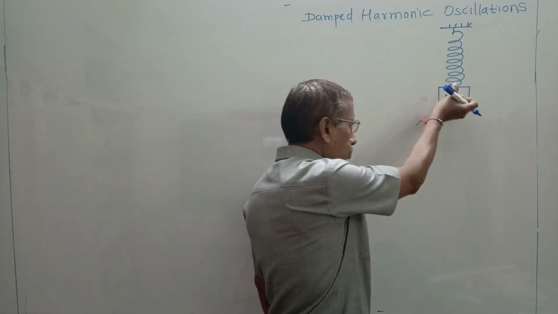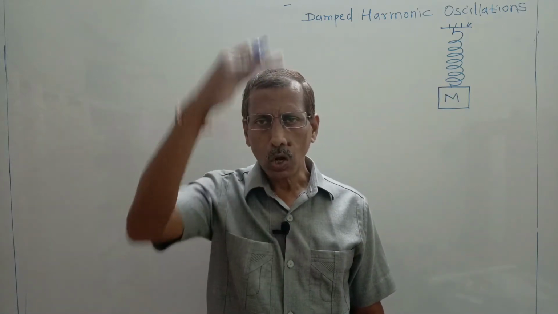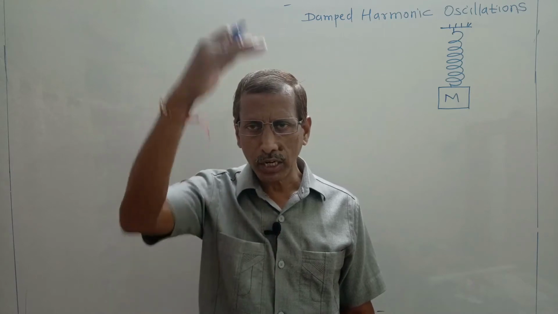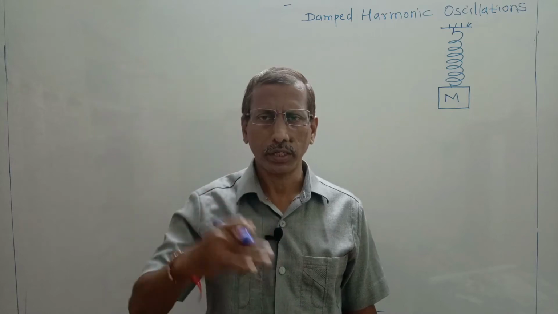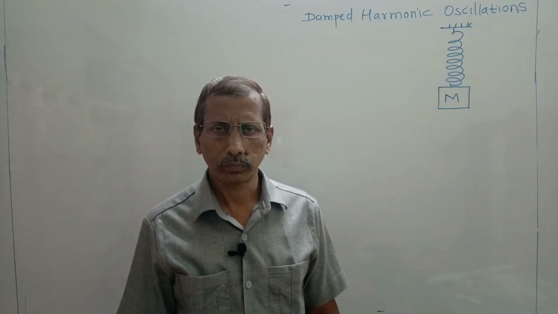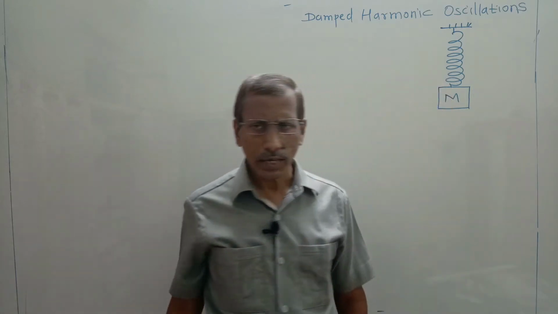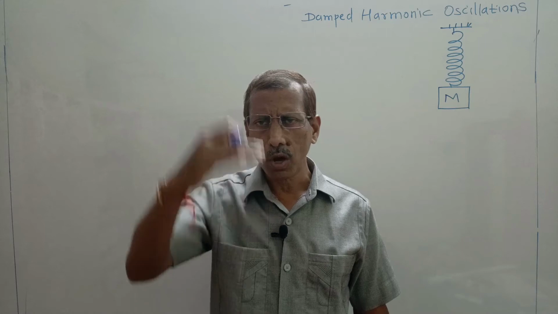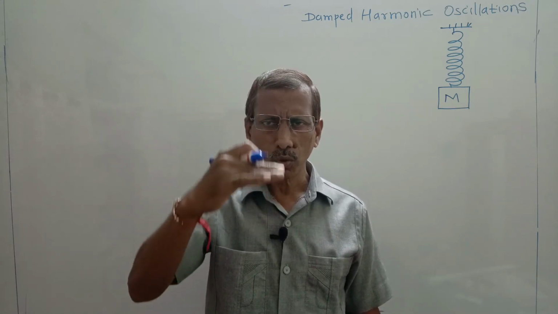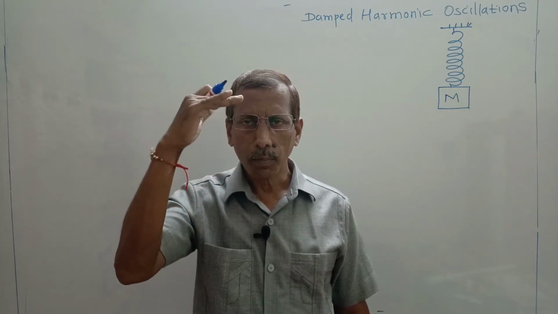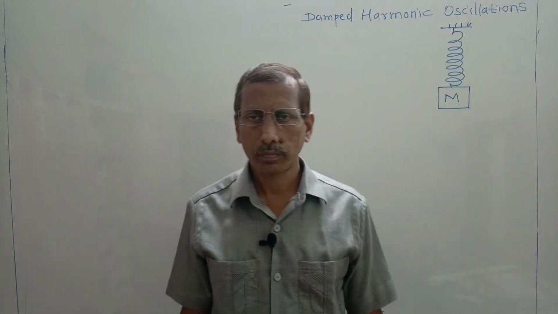When this block is pulled downward and released, it performs oscillatory motion along a straight line in the vertical direction, upward and downward. Initially its amplitude is large, but as time goes on, we observe that its amplitude of oscillation goes on decreasing and the block comes to its mean position and is at rest.